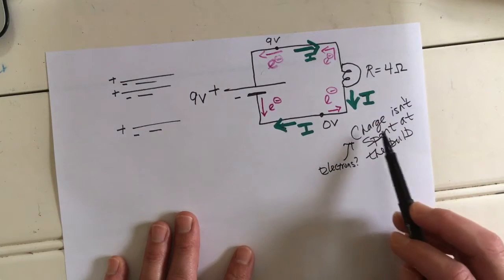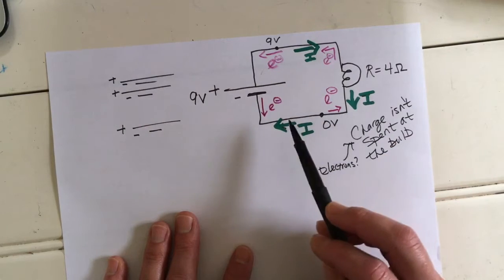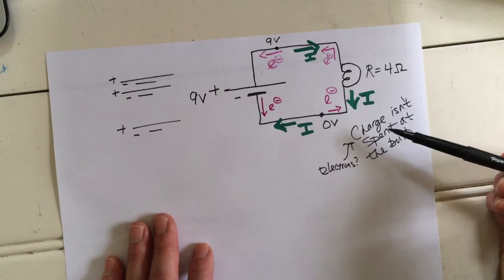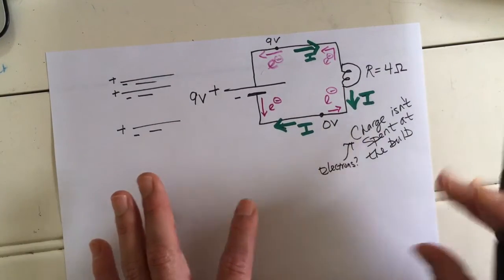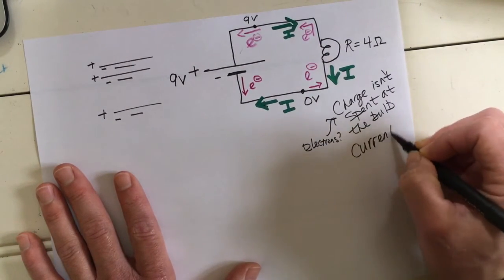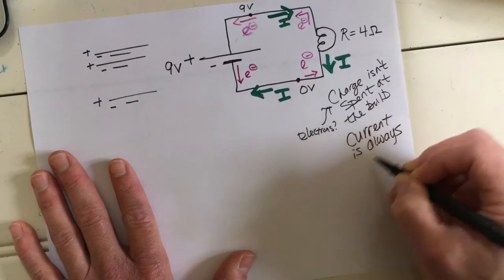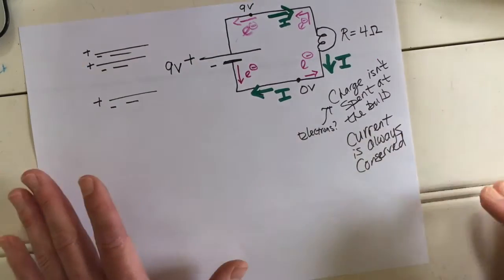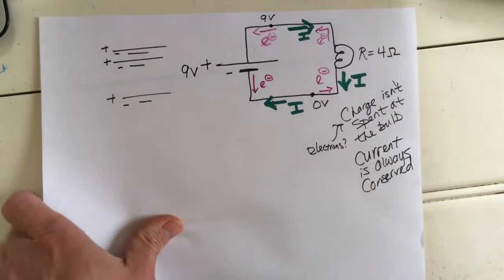Electrons are conserved. Current is electrons per second, or technically charge per second. And therefore, if charge isn't spent, current isn't spent. So current is always conserved, and that's something to remember. So I can write that down here: current is always conserved. We'll talk more about that with Kirchhoff's laws, hopefully eventually.